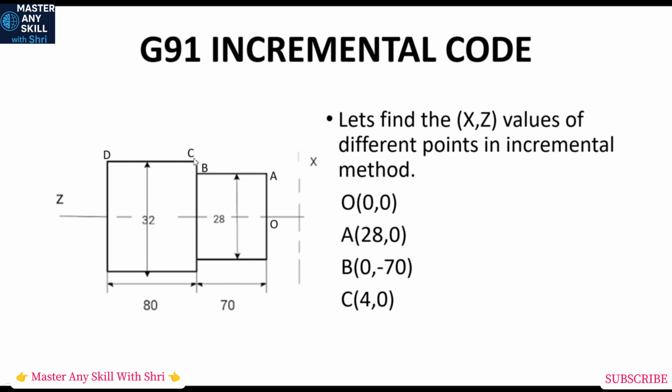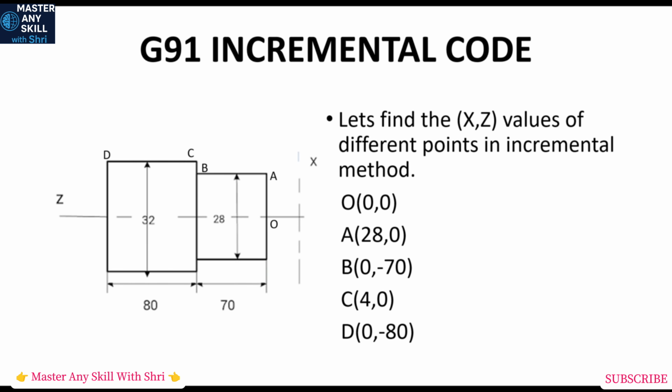Now let's see D. How much distance did D move in X from C? As you can see, D has not moved any distance in diameter from C, so X coordinate of D is 0. And how far did D move from C in Z direction? In Z, D moved minus 80 from C. So coordinates of D are 0 and minus 80.